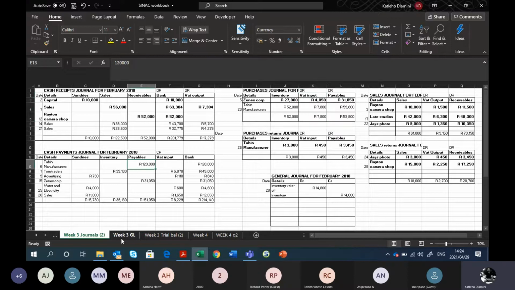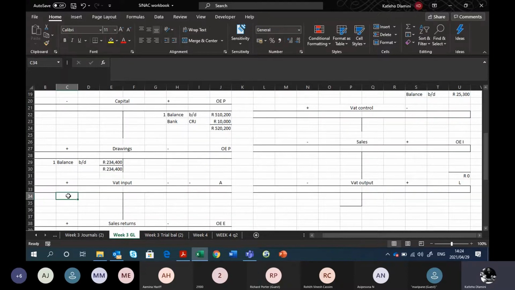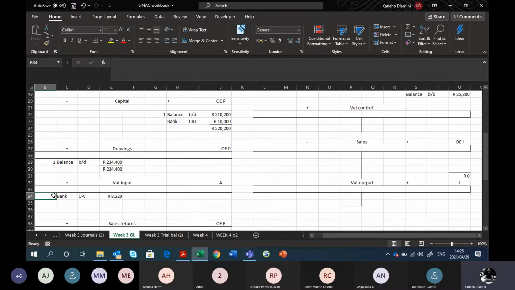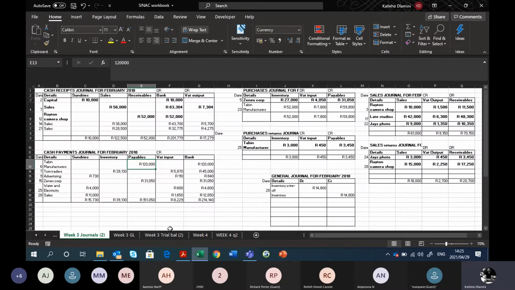We'll start with our CPJ. So we have bank as our contra account here, CPJ, and on the 30th, I'll just write that down now. Very next, we have our purchases journal.